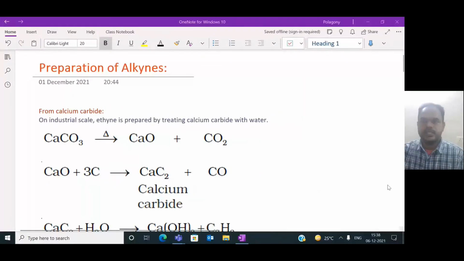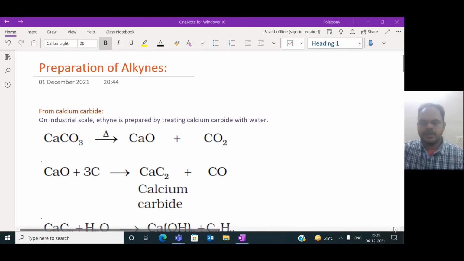What are the preparation methods of alkynes? Here I listed some of them. For the discussion of preparation of alkynes, we should take one example, Ethyne. Ethyne can be prepared from calcium carbide.